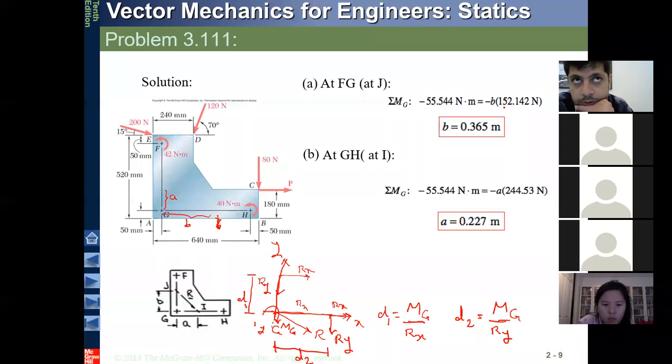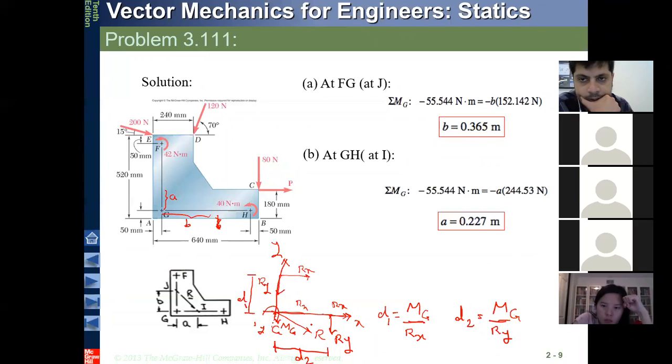For the right side, it is actually the resultant force is something like this. It is positive in the x direction and negative in the y direction.